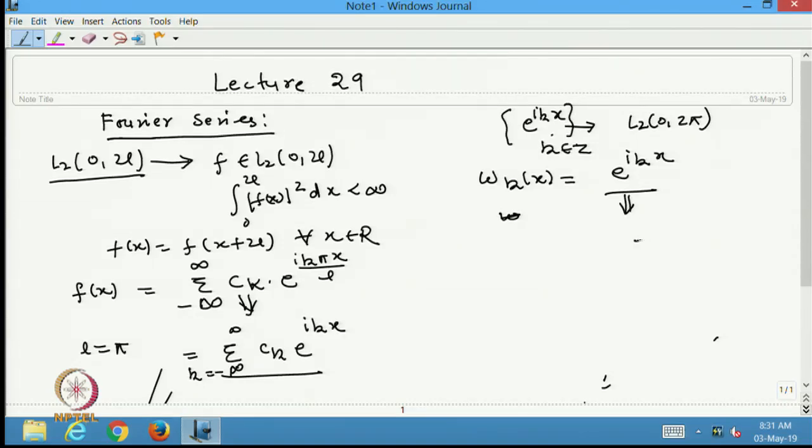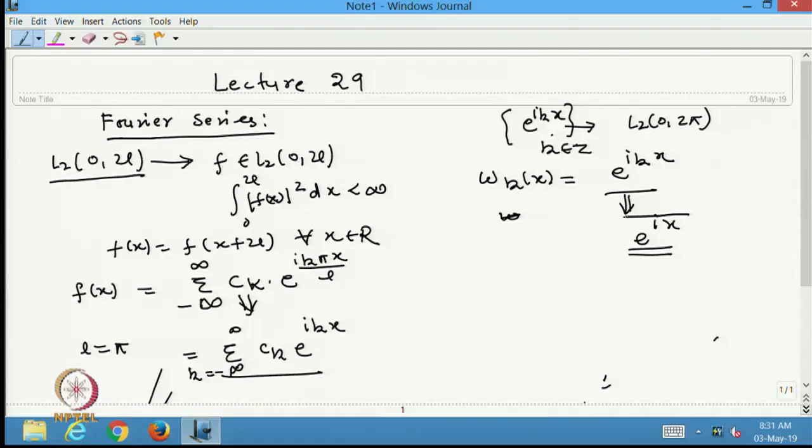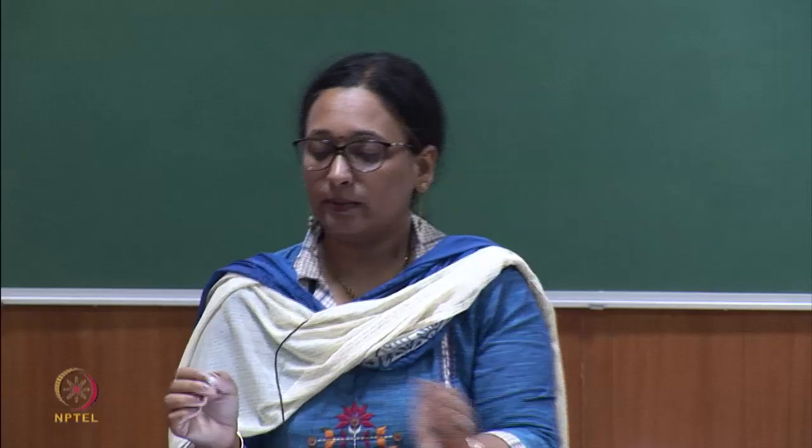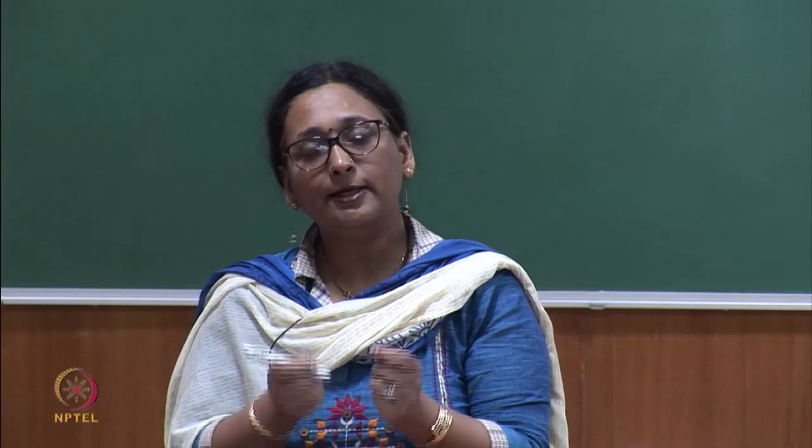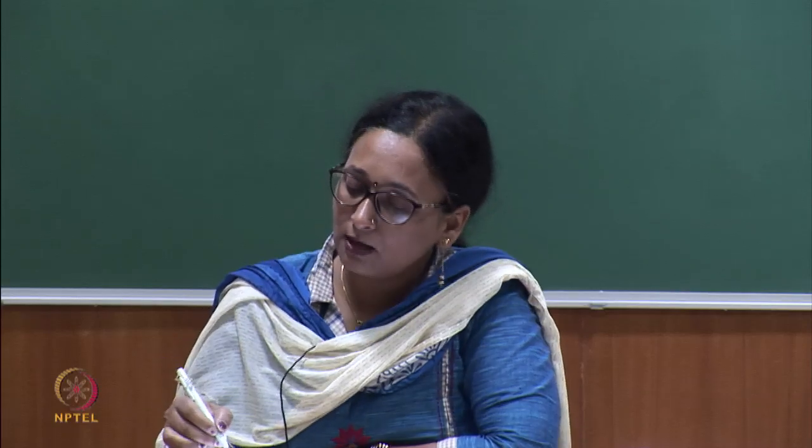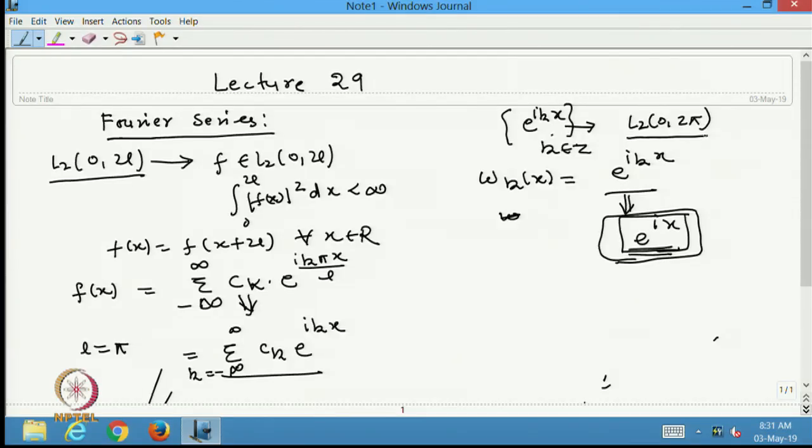What is that one element? That one element is e to the power i x. So, we are generating the whole space by dilation of a single function, which is this function. By dilating this function we are generating the whole space L2 0 to 2 pi.